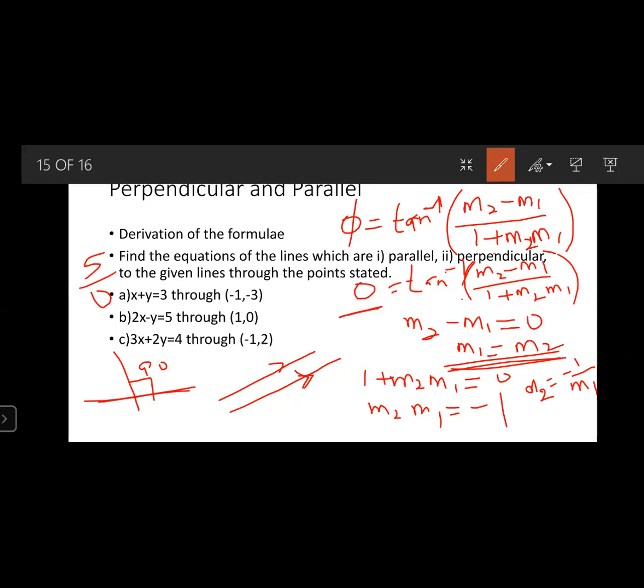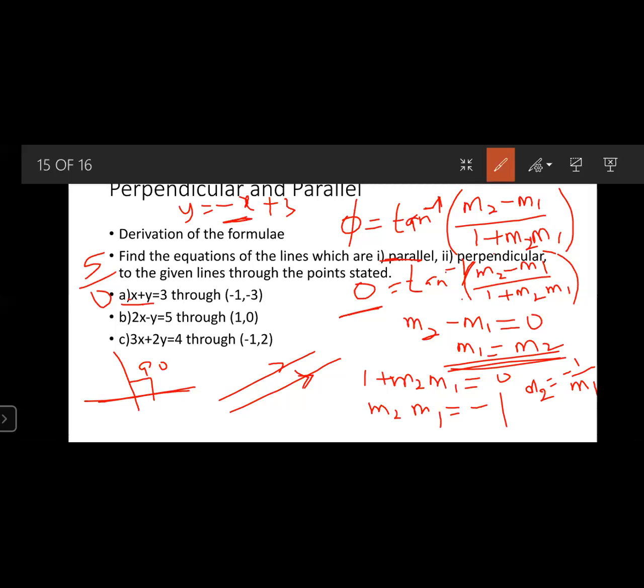So in this case, what do you just do? If you want to solve the first one, parallel, you bring this equation out and find the gradient of that line. I've told you how you can get the gradient: just make y the subject of the formula. If you make y the subject here, we have y equals minus x plus 3.